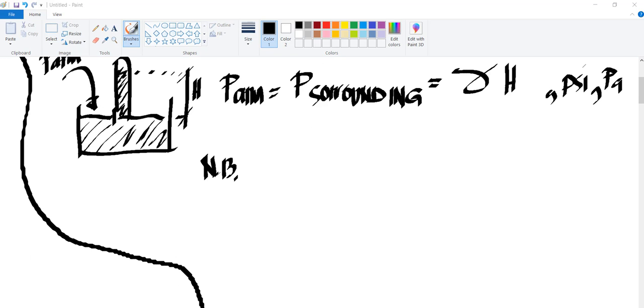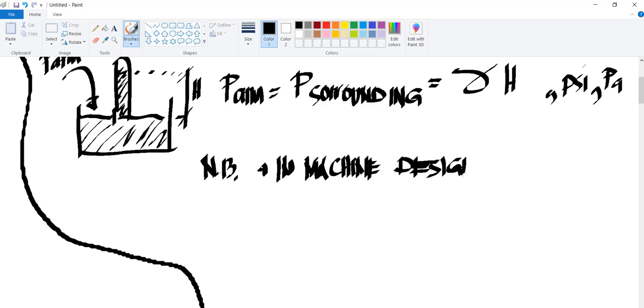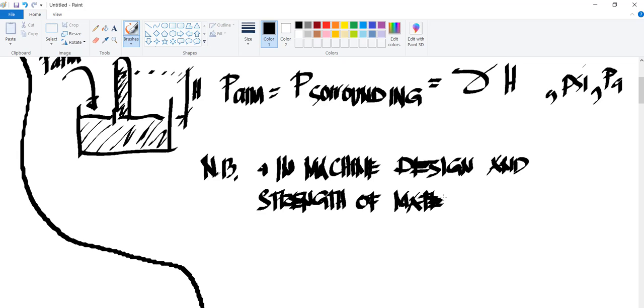So notably, in machine design and strength of materials, calculations are all in gauge pressures.